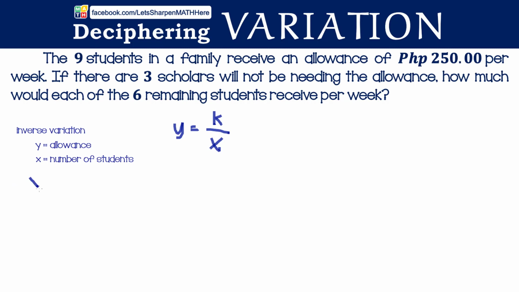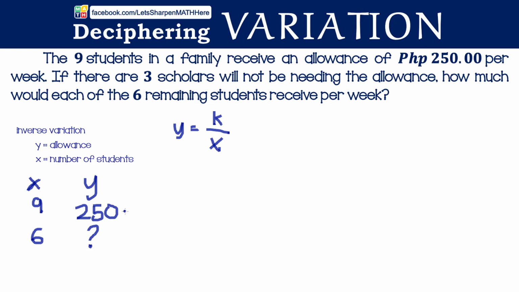Our first pair of data given in our problem talks about 9 students, that's your x, and they will be getting 250 pesos each of them. Then the next is the question, how much would each of them get? That's actually y, if there are only 6 students who will be needing the allowance.